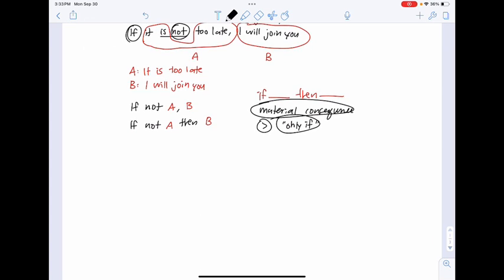So I'm going to write, and the not here, you know that, not is this. So I'll rewrite it. Not A, only if B. So you just basically ignore the if here.